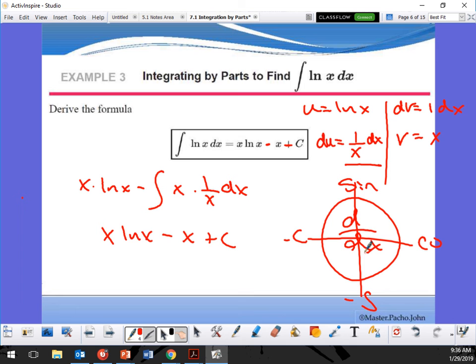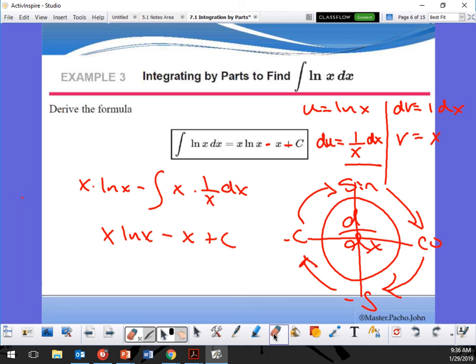The derivative of sine is cosine. The derivative of cosine is negative sine. The derivative of negative sine is negative cosine. And the derivative of negative cosine is positive sine. So that's the derivative, right? But if we're taking the antiderivative, I would go counterclockwise, right?